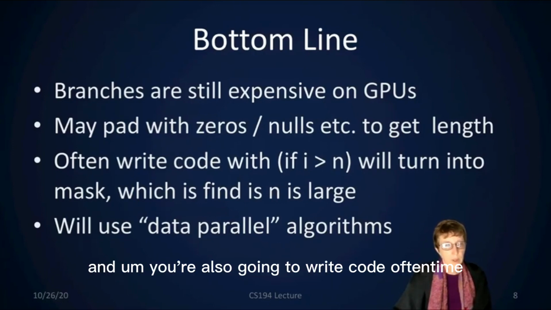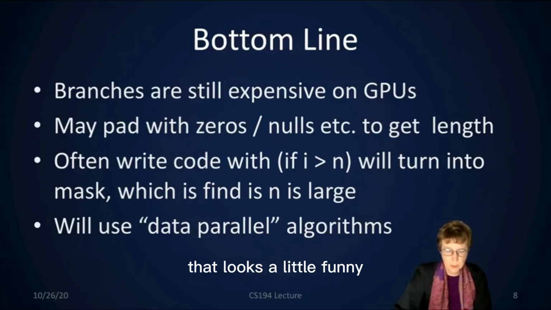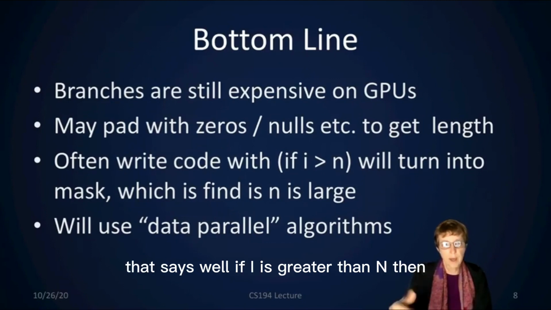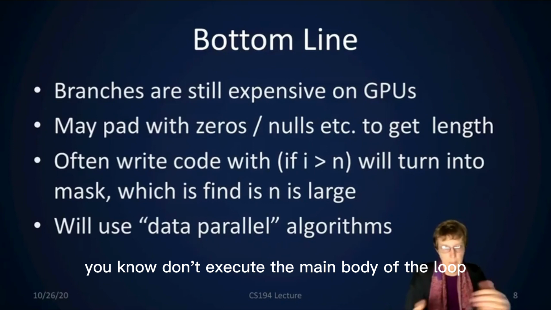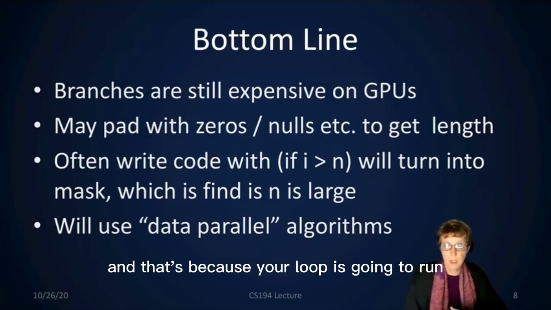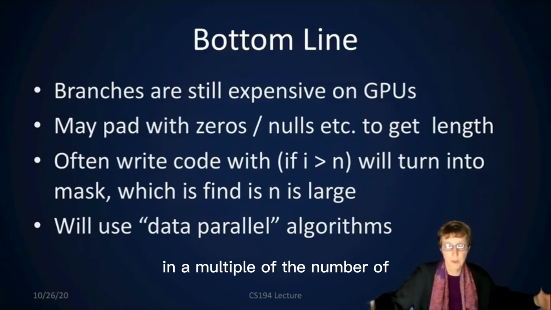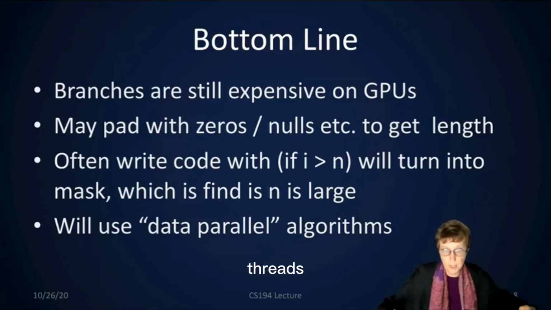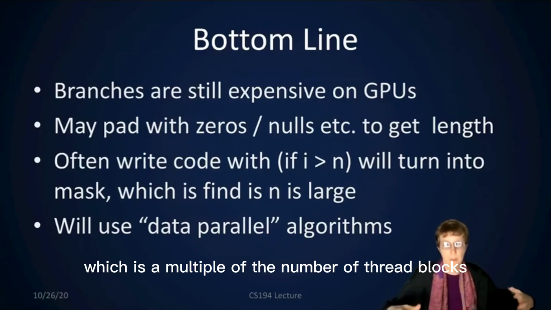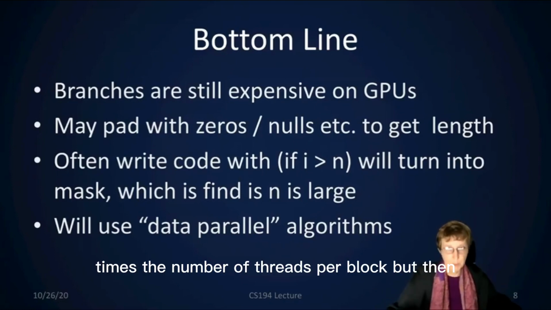And you're also going to write code oftentimes that looks a little funny that says, well, if i is greater than n, then don't execute the main body of the loop. And that's because your loop is going to run in a multiple of the number of threads, which is a multiple of the number of thread blocks times the number of threads per block.